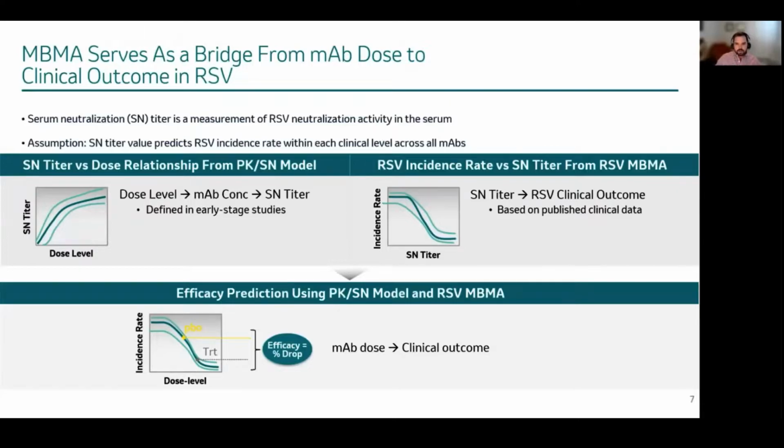And really, you put these sources together to bridge the relationship between dose and clinical outcome. And all this can be done prior to any real efficacy studies or dose ranging studies, really with just published clinical data and early stage understanding of PK and your correlate of protection.